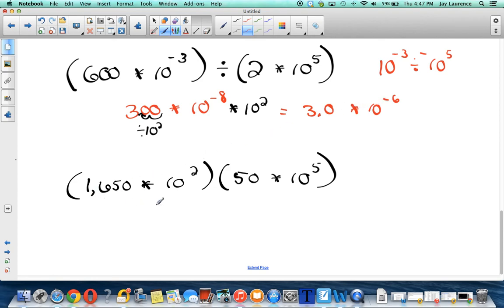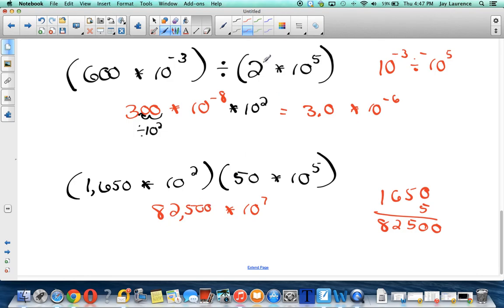All right, now to do this one, let me see. First I'm going to multiply. I'm going to take 1650. I'm going to multiply by 5, and then I'll just tack a 0 on the end. 0, 5, 2, 8. So it should be 82,500, right? And I'm going to multiply that by 10 to the 7th power.